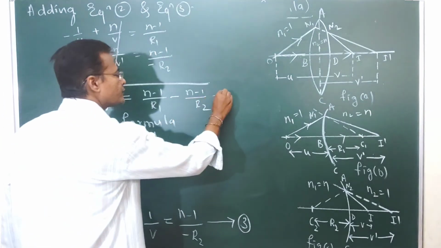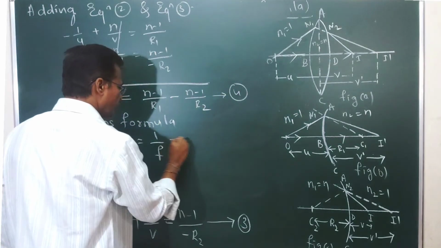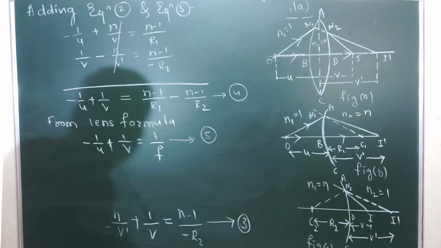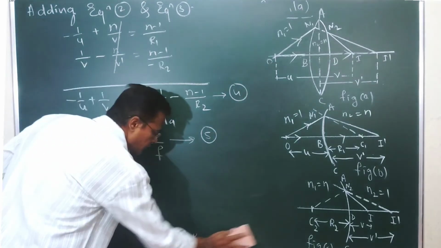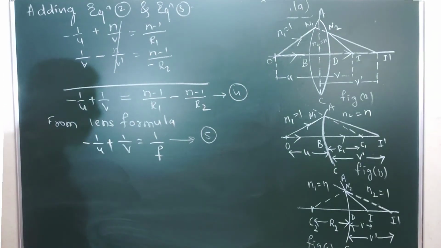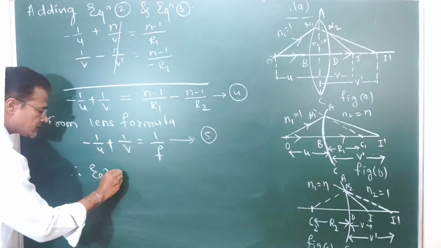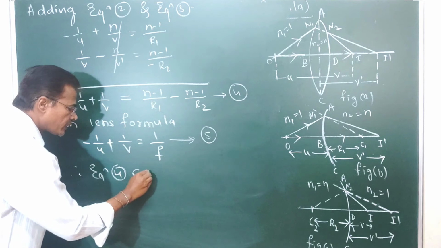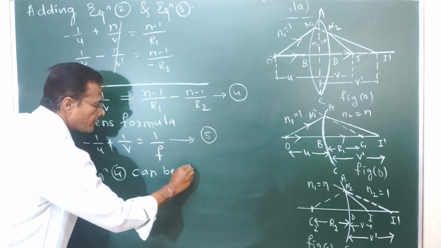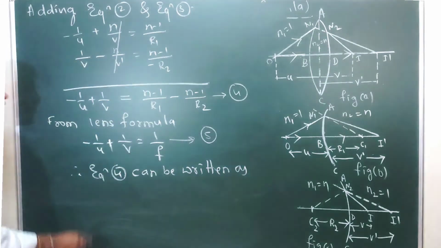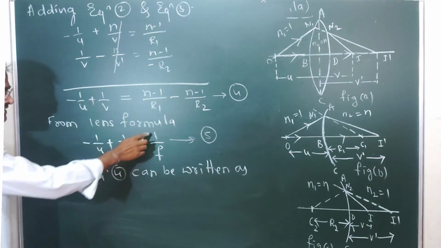This we are going to call equation 4 and this one we are going to call equation 5. So equation 4 can be rewritten this way: minus 1 by u plus 1 by v is 1 by f.